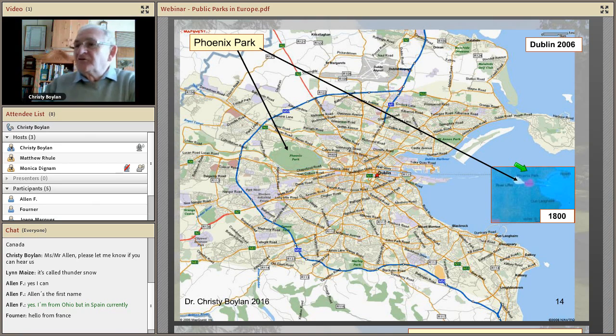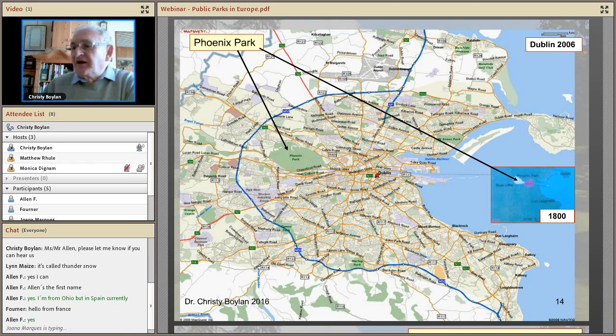So the Phoenix Park, as you can see, is this area here, and this is Dublin City. This was meant to be the outer ring road, this blue line, but it's no longer that. It's now the inner ring road because Dublin has expanded way out beyond it. But I want to draw your attention to this insert image. This is the Phoenix Park, this white blob, way back in 1800.